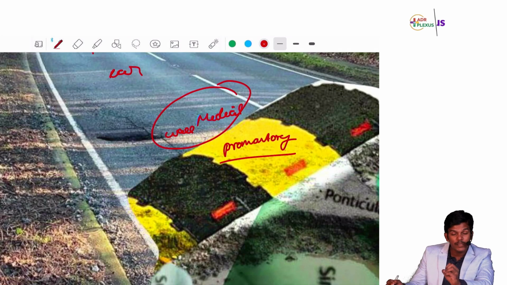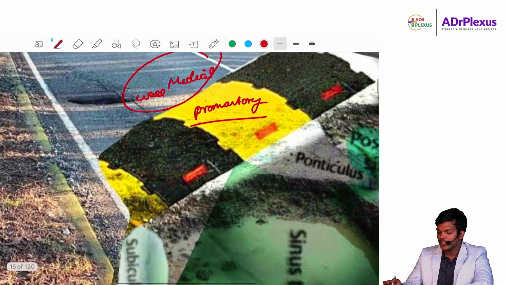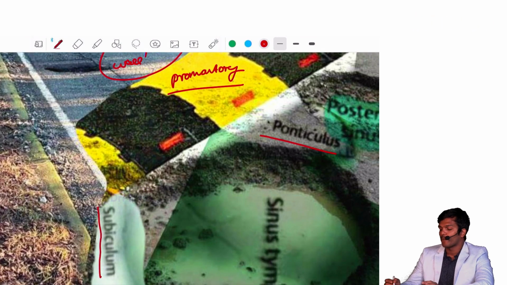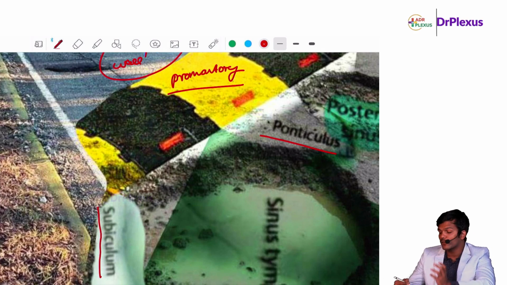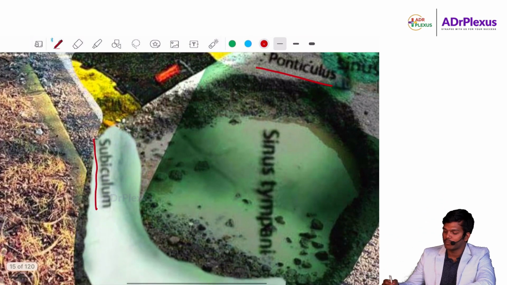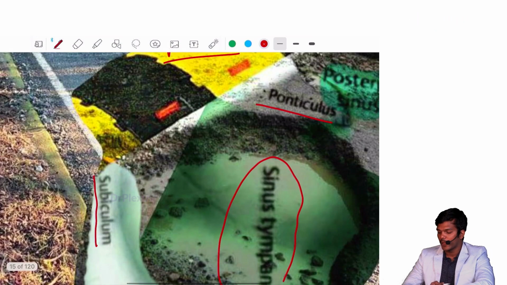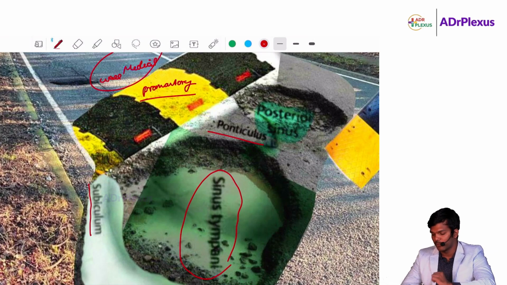Just after the prominence there are two bony prominences, the ponticulus and subiculum, arising just posterior to the promontory, which give a space called the sinus tympani. If you remember this story you will not forget the landmarks and relations of the sinus tympani.